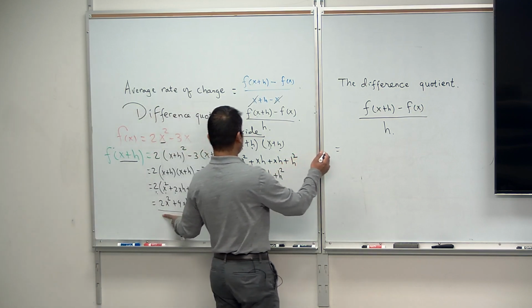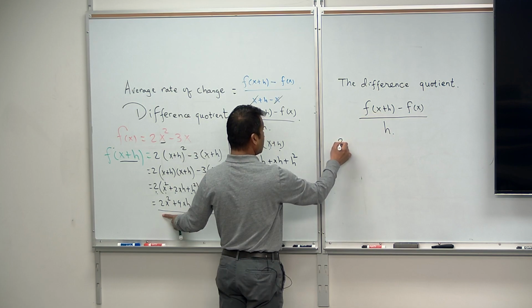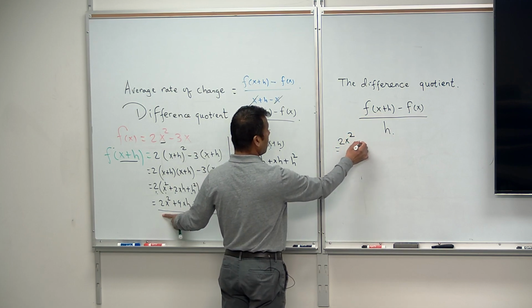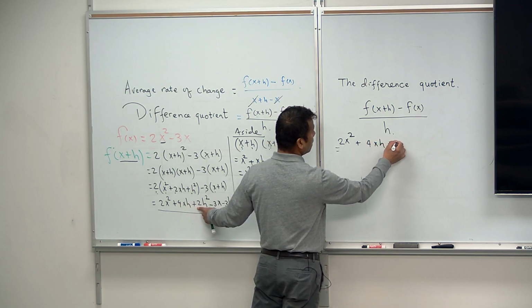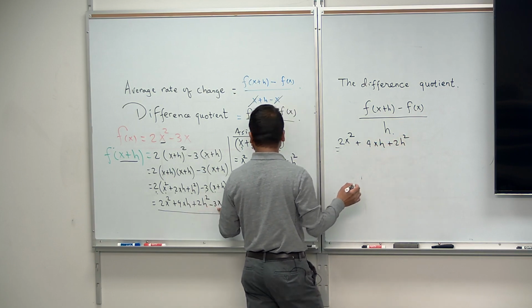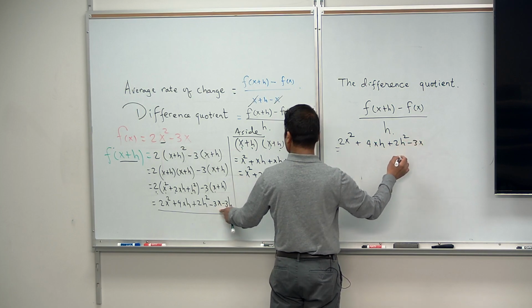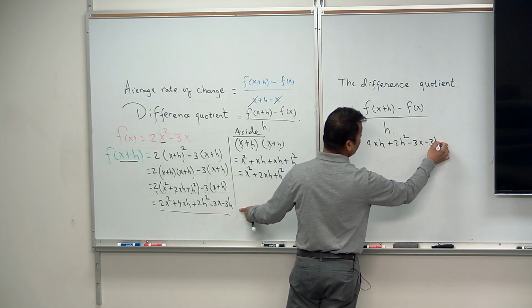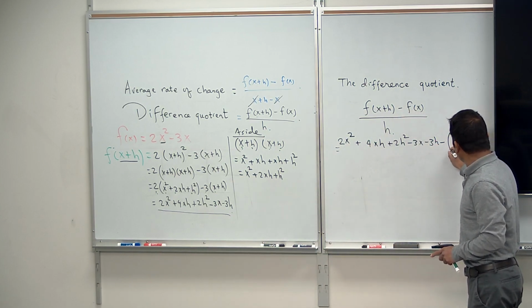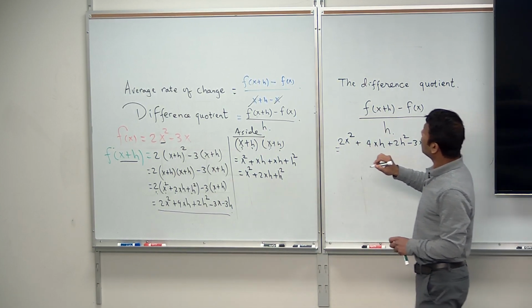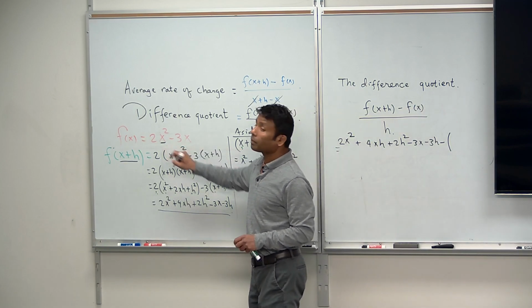So f of x plus h is 2x squared plus 4xh plus 2h squared minus 3x minus 3h, minus this, minus here. And then what is my f of x? 2x squared minus 3x.